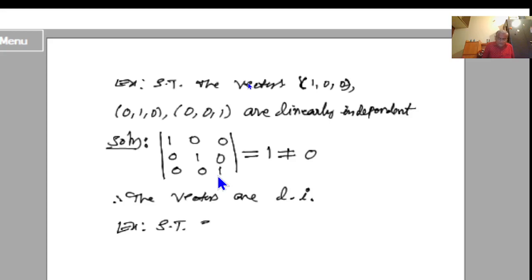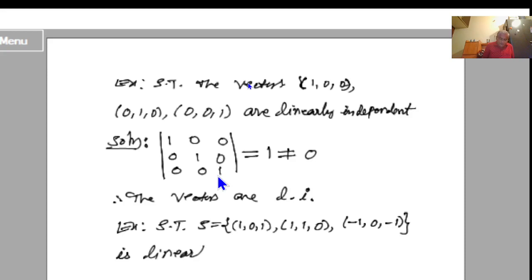Show that S equal to {(1, 0, 1), (1, 1, 0), (-1, 0, -1)} is linearly dependent.